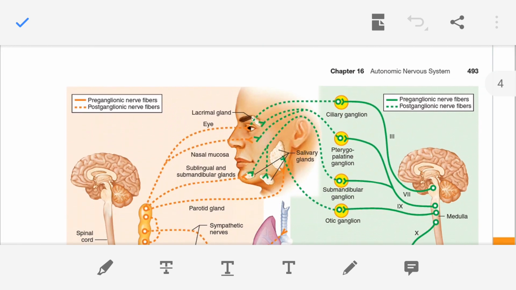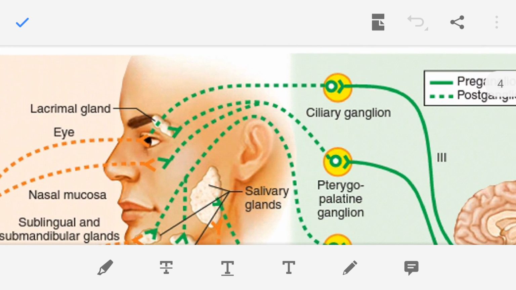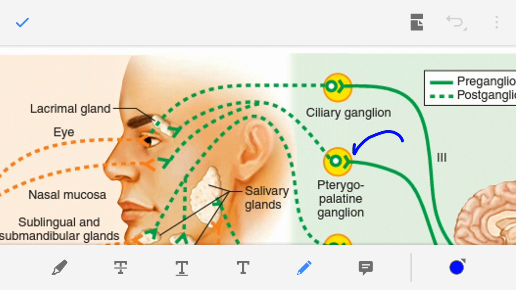Here you can see this is the pterygopalatine ganglion, and the dotted line is the postganglionic fiber.